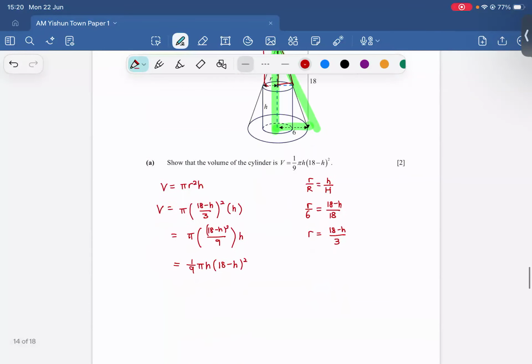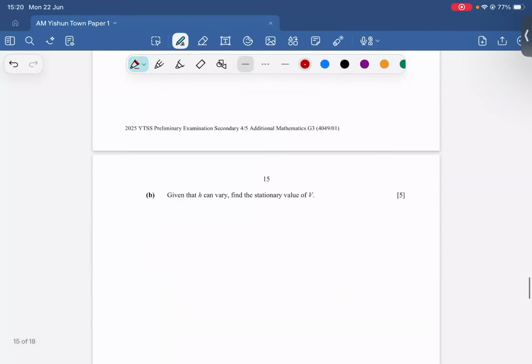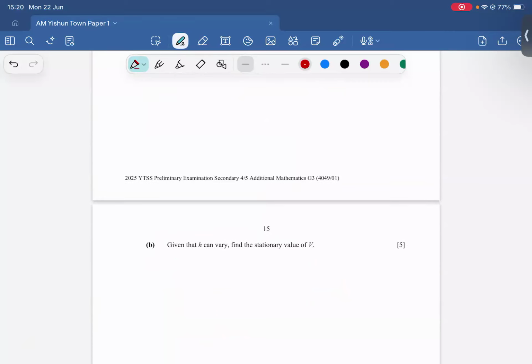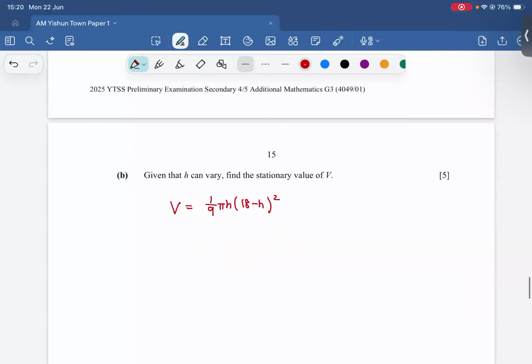Okay, next part. Given that h varies, find the stationary value of V. So we need to know that V is actually 1 over 9 pi h (18 minus h) squared. Do I encourage you to differentiate directly? Actually I don't. I would recommend you expand, okay?